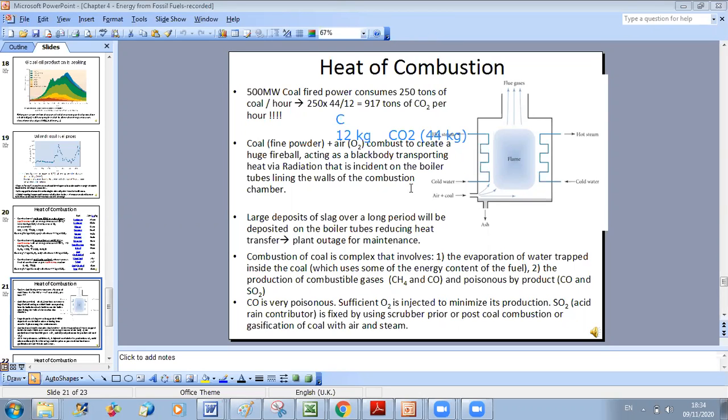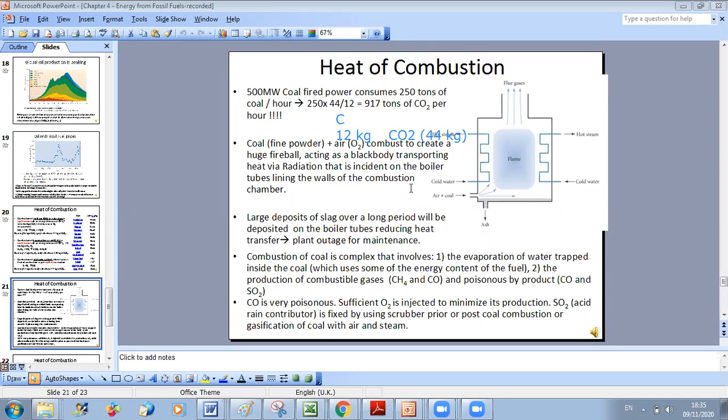And due to combustion of coal, we have production of combustible gases that can be harmful to the environment. Of course, if we have, for example, incomplete combustion, we can have formation of CO and SO2. And CO is very harmful for the environment.